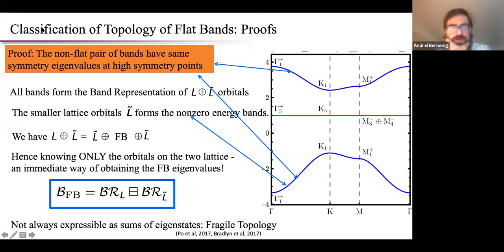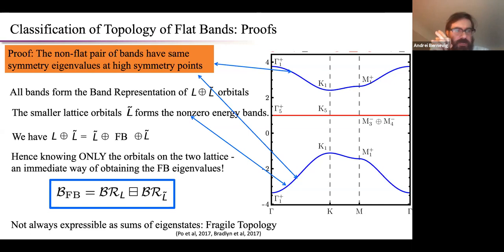Okay, we stopped here, where I showed you that there's a mapping between the orbitals on the L lattice and the orbitals on the L tilde lattice. In order to have flat bands, you need the number of orbitals on the L lattice to be larger than the orbitals on the L tilde lattice.